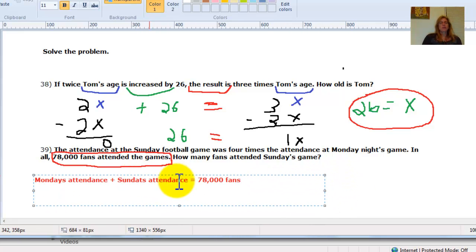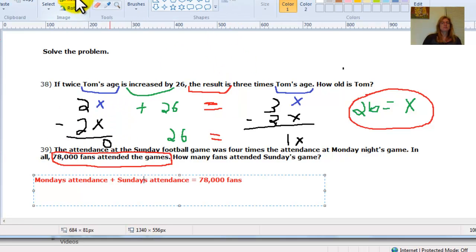Okay, so this is the big picture that we're getting at. So what we're really having to figure out is, well, what do we put in for Monday's attendance and what do we put in for Sunday's attendance? So we have to look at this information here.